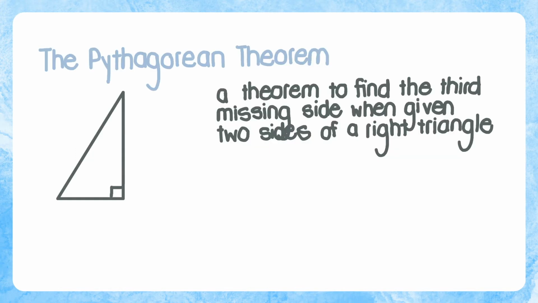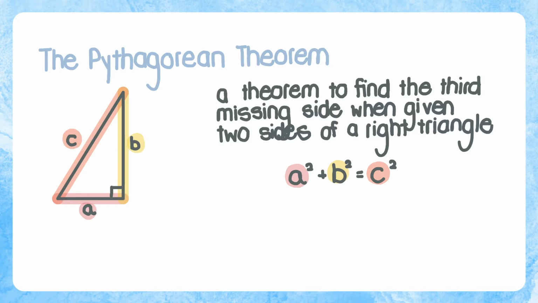So in this lesson, as well as the next lesson, we'll be looking at special types of right triangles. We've been looking at the Pythagorean theorem for the past few lessons, and the Pythagorean theorem is basically a theorem to help us find the third missing side when given two sides of a right triangle.